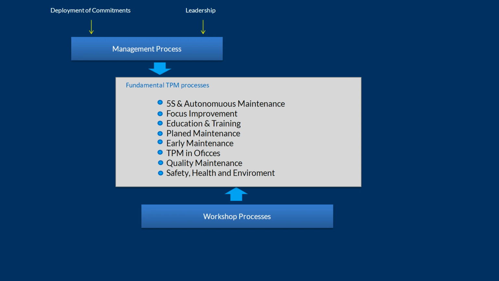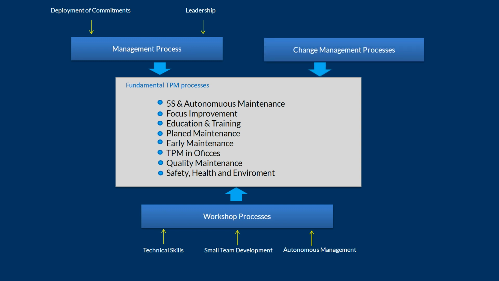The key actions of the management processes at workshop level are managing the technical development of people, building effective teams, and developing autonomous management and control of operational work. The activities that I consider most useful and relevant to achieve cultural change are development of conversational and communication skills, and the strengthening of trust, both in the leader-employee relationship and within work teams.